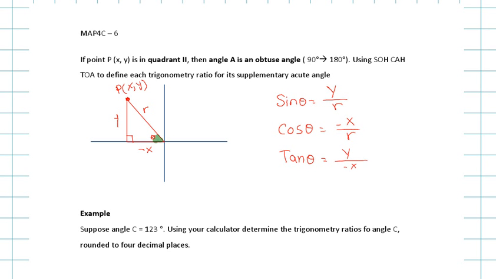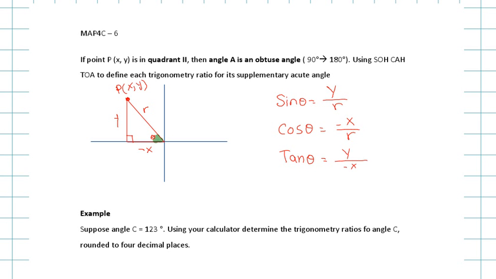Now, did you notice that cosine is negative and tan is negative? How come? You remember when we did the previous lesson? We figured that if my angle is obtuse, I'm going to have tan negative and cosine negative. Now you see why?